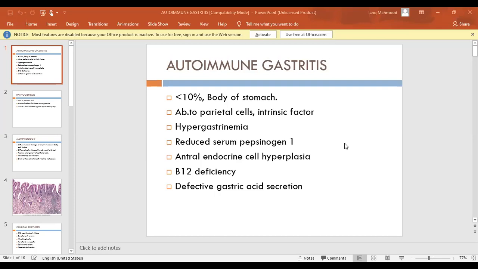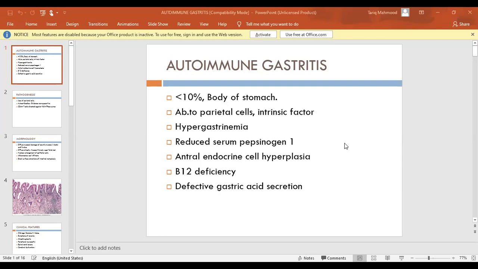In H. pylori, the antrum was the most common site, whereas in autoimmune gastritis there is involvement of the body of the stomach, and there are antibodies to parietal cells and intrinsic factor.